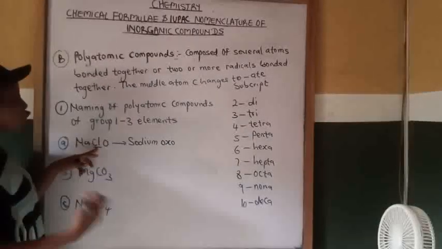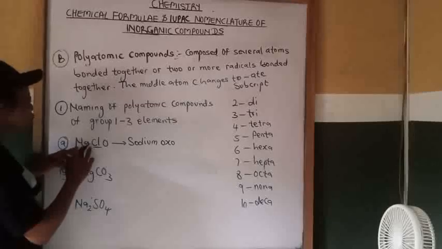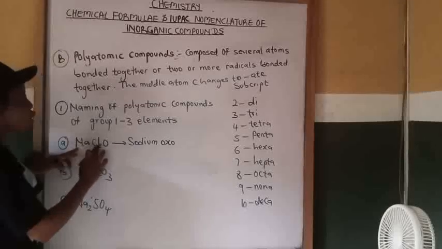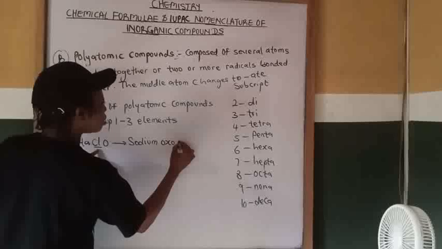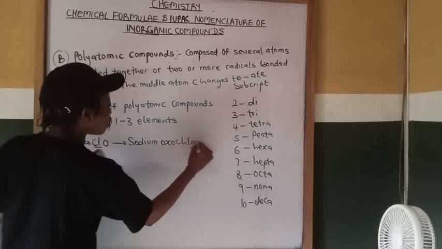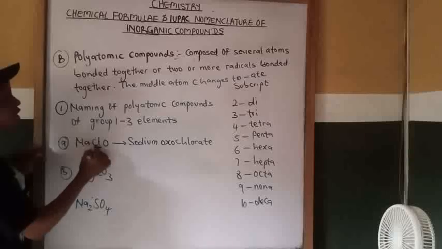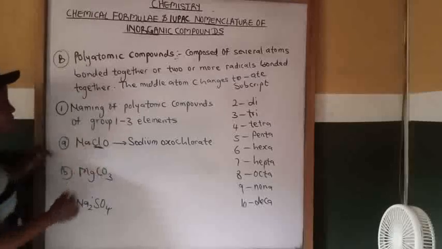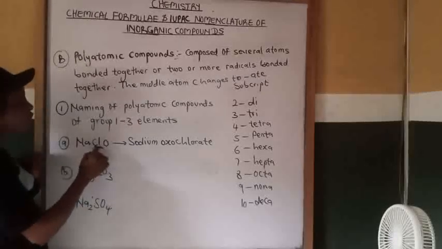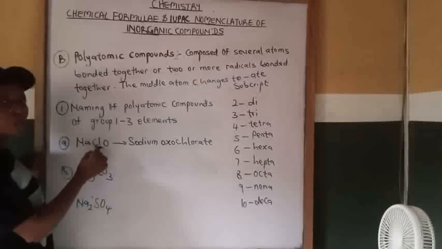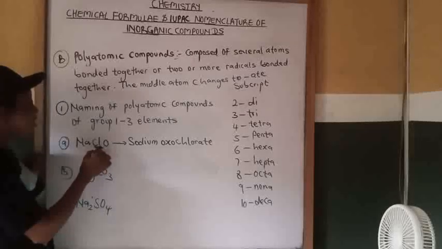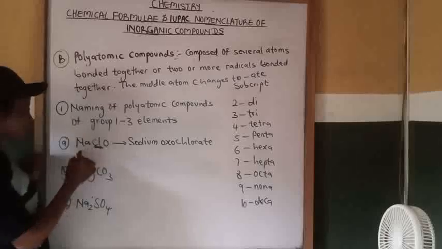Chlorine will change to chlorate. So you call it sodium oxochlorate. Then you have to name the oxidation number of chlorine. So you calculate the oxidation number of chlorine from this compound.